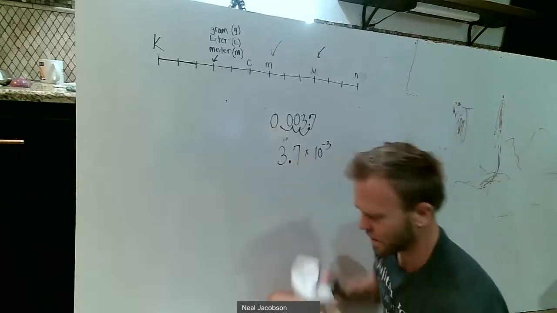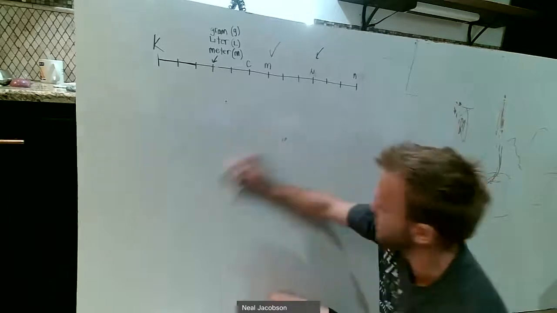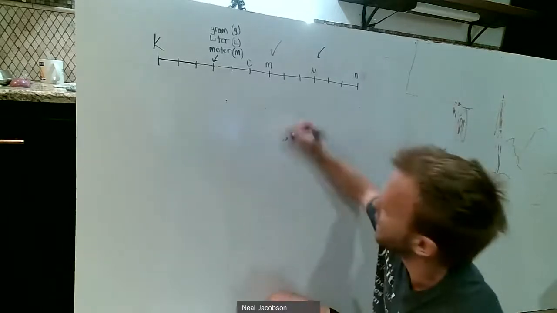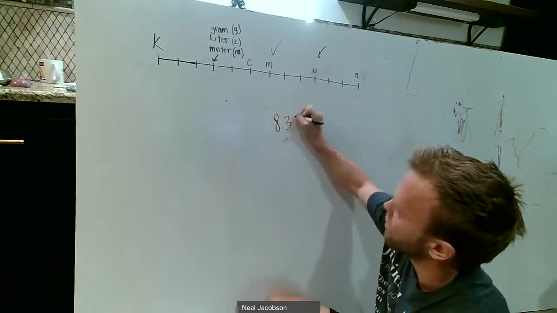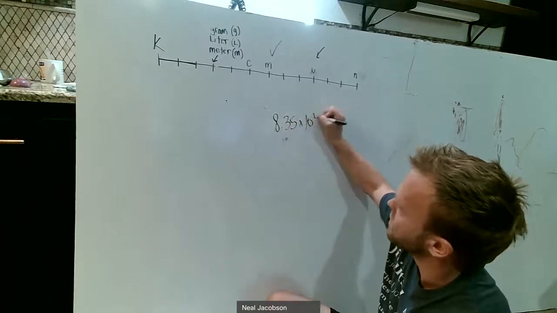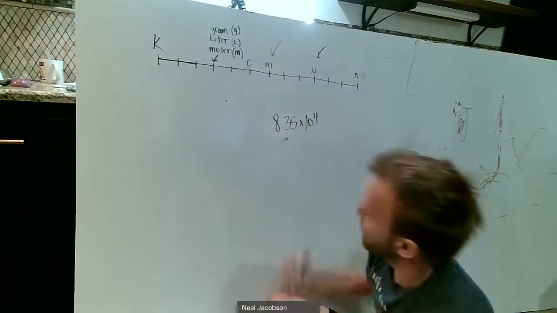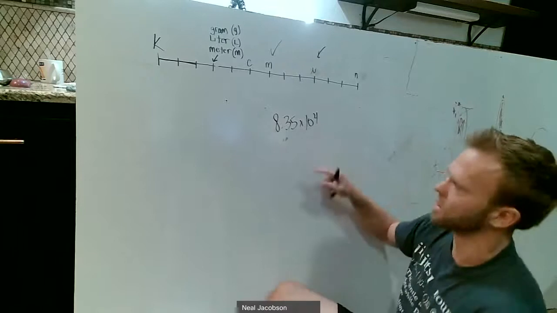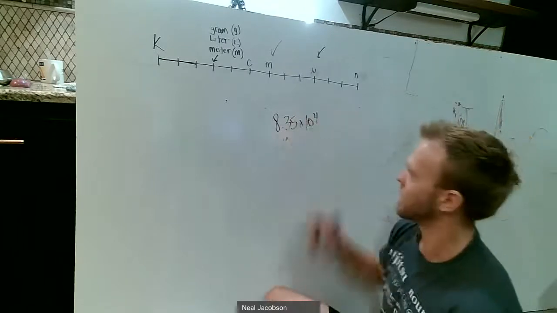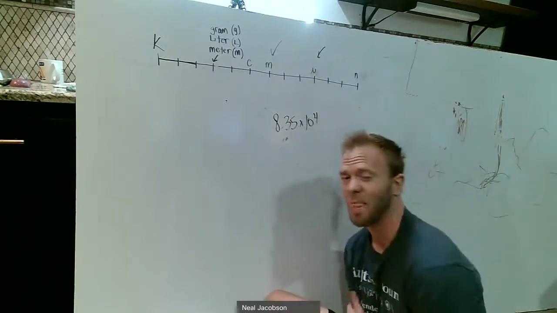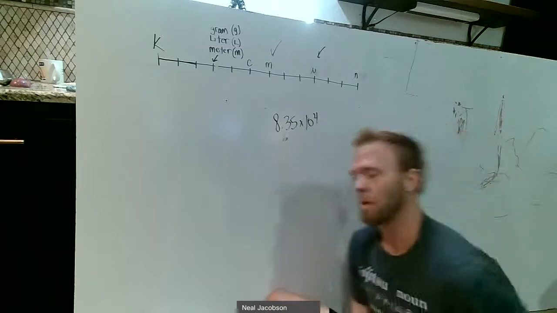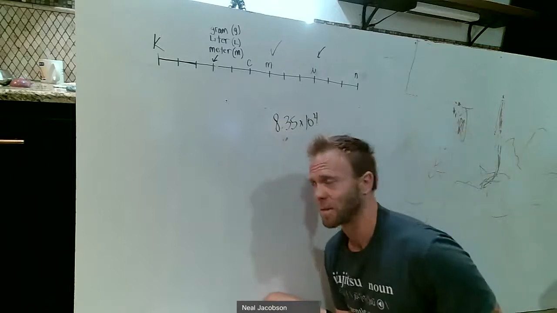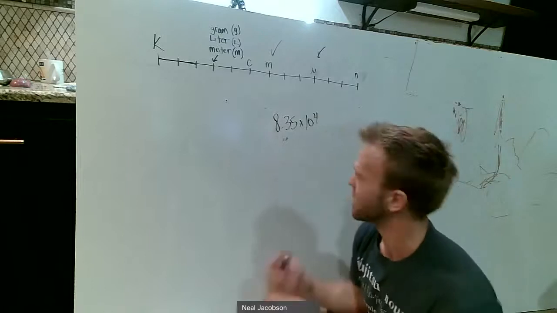Okay, next problem. Let's go to the other side. It asks us to convert 8.35 times 10 to the 4. Well, when we multiply by 10 to the 4, that's how many times we move it to the right, because that's a big number. 10 to the 4 is like 10,000. So we're multiplying 8.35 times 10,000. So we'll probably get somewhere around 83,000, I'm guessing.